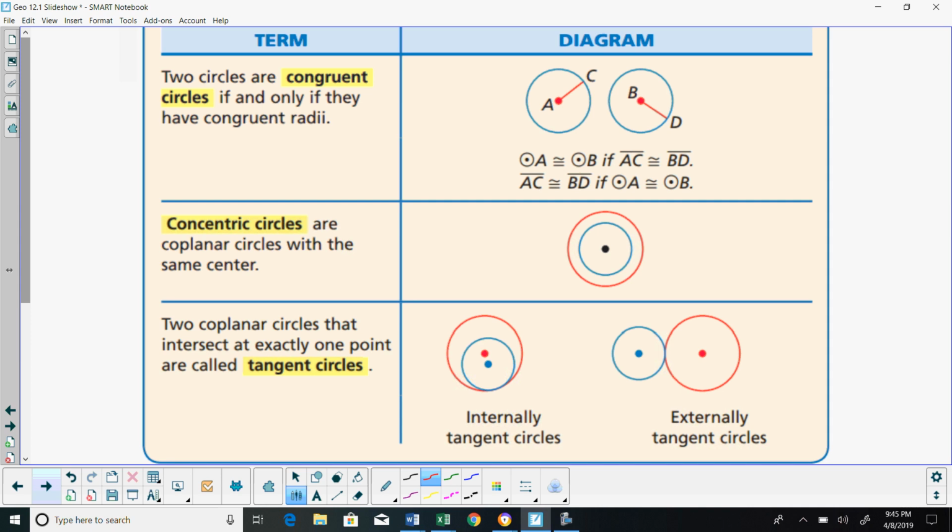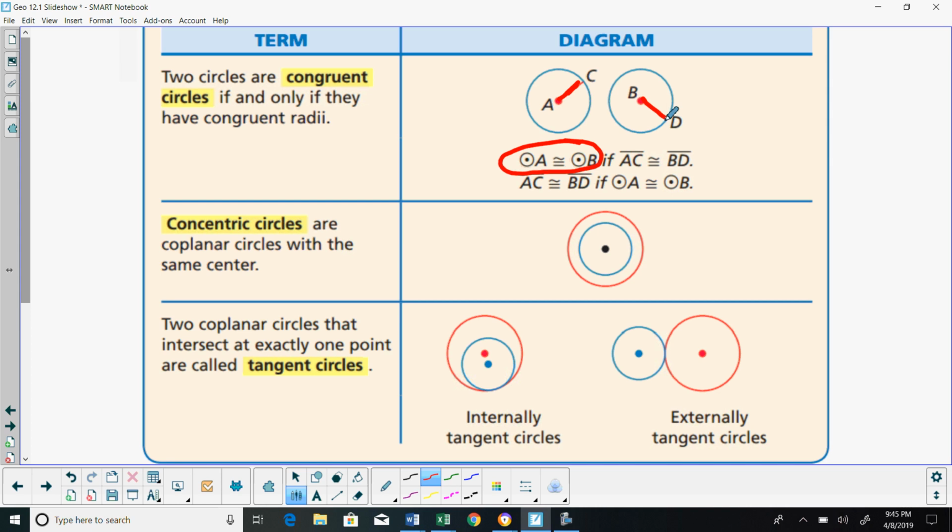All right, so that brings up some more terms. We can talk about two circles being congruent if and only if they have congruent radii. So for example, circle A is going to be congruent to circle B if segment AC, that's a radius of this circle, is congruent to segment BD.